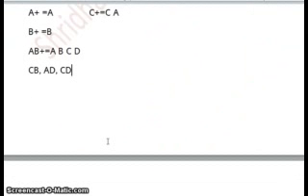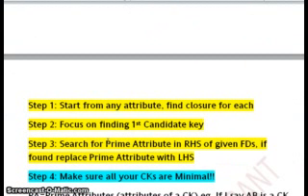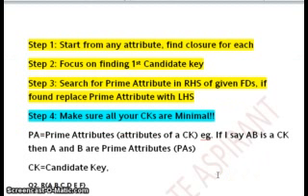So before continuing with the questions, I need to tell you that these were the steps that we had followed, and step 4 is something very important, which we'll get to know in this video. So make sure you give very much importance to step 4.